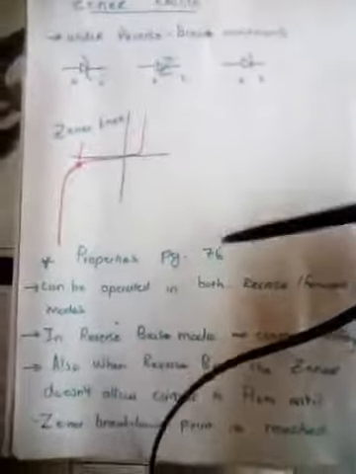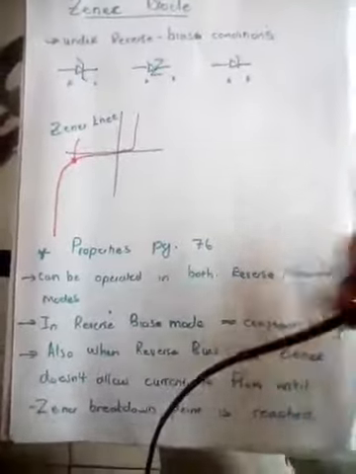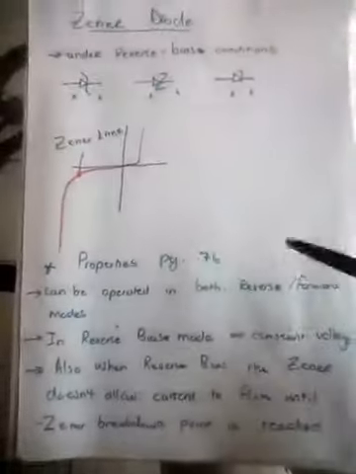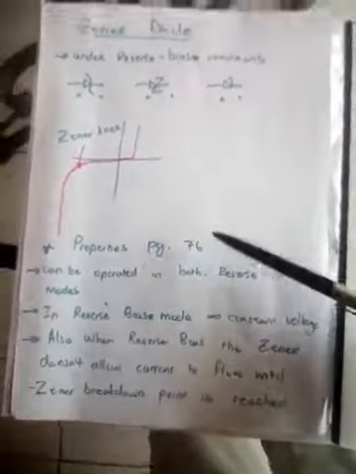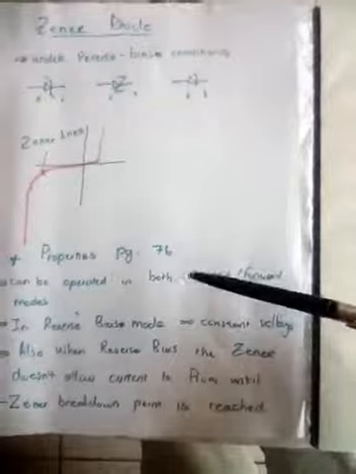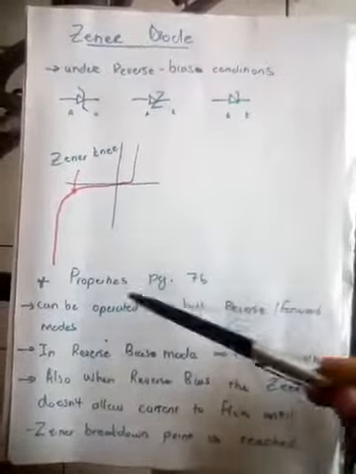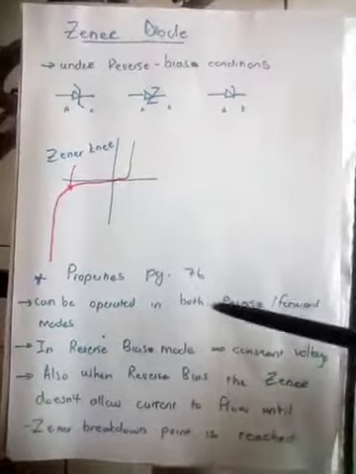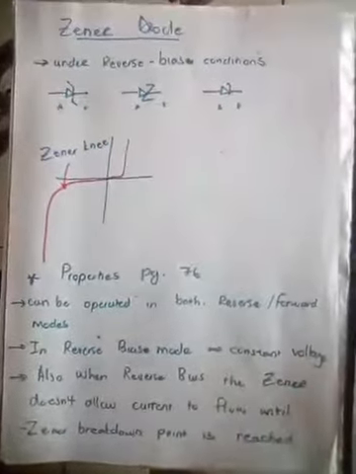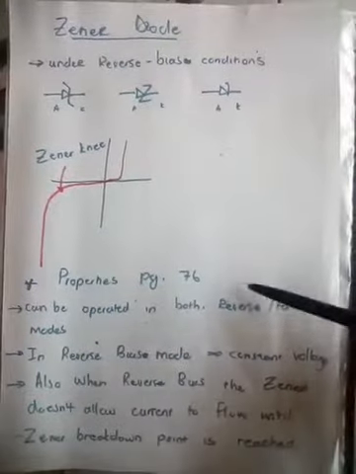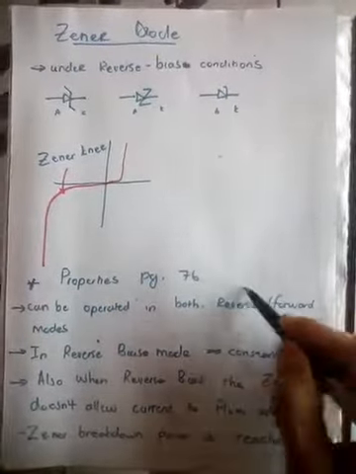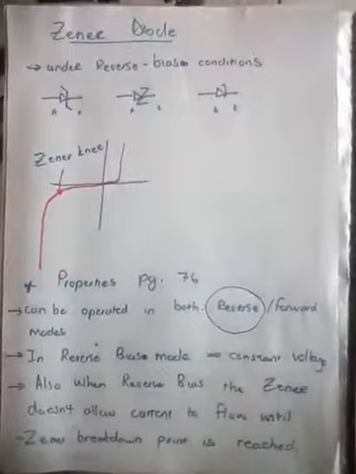Then if you look at the properties of a Zener diode, it's on page 76. A Zener diode can be operated in reverse as well as forward bias modes. However, you know that it's used mainly under reverse bias conditions.